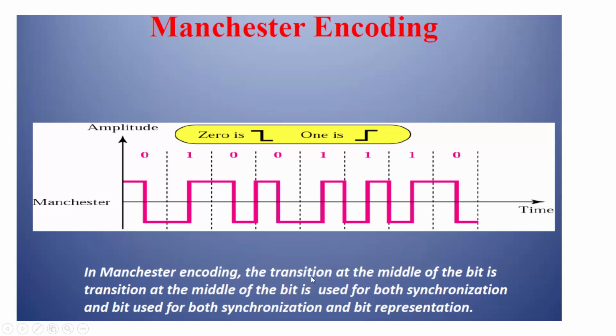In Manchester encoding, the transition at the middle of the bit is used for both synchronization and bit representation.